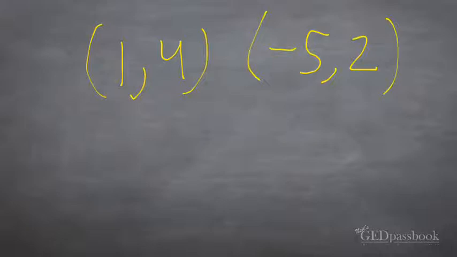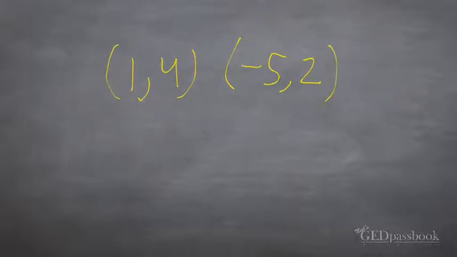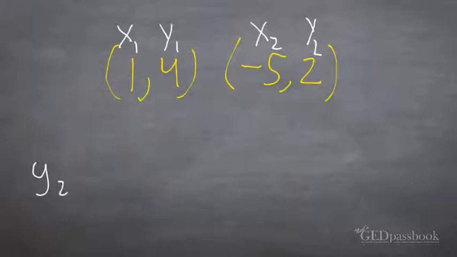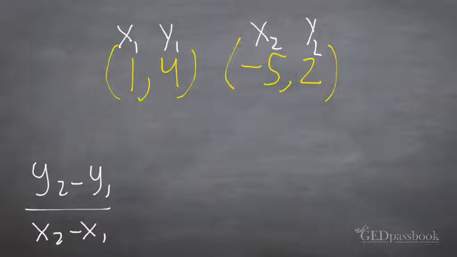Let's solve this one very quick. And this time around, take out them calculators, because you're just going to actually punch it in. So if you recall, this is my x1, this is my y1, this is my x2, this is my y2. The formula, if you've forgotten, is y2 minus y1 over x2 minus x1.